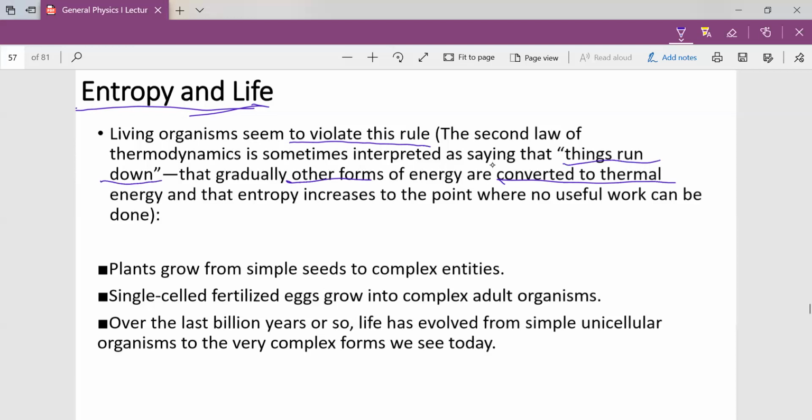So they noticed that when they plant a seed, it grows into a complex entity. You plant a seed, it becomes a tree that can lead to multiple seeds that are planted. And then we see the process of fertilization leading to an adult human.